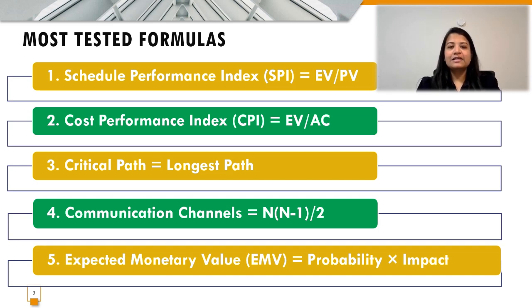The fourth formula is to count the number of communication channels, and the formula is n times (n minus 1) divided by 2. And the last one that we have on this list is expected monetary value, or EMV, which can be calculated as probability times impact. So you are supposed to remember these five formulas for solving any math question that shows up on your PMP exam.